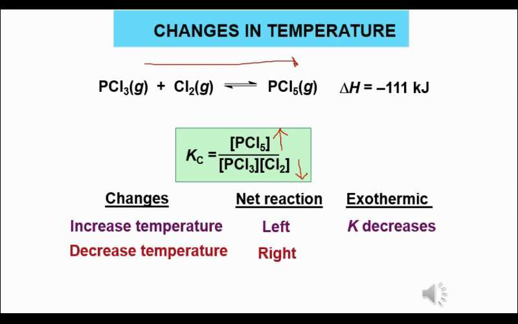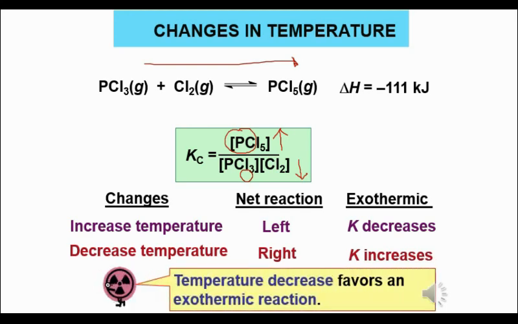So in a fraction calculation, when we have a bigger number on the top and a smaller number on the bottom, it will give a bigger value. So equilibrium constant Kc will increase when we decrease temperature. It means that a temperature decrease favors an exothermic reaction as the equilibrium value is increasing.